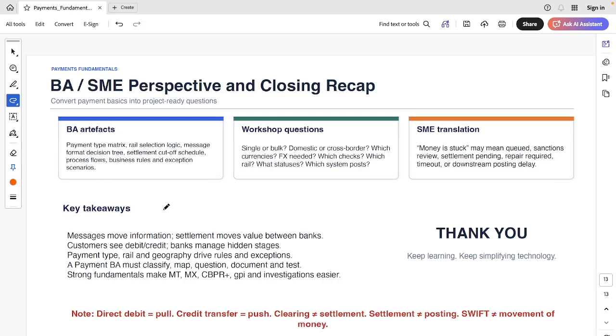Finally, let's close with the business analyst and SME perspective. This is where the payment fundamentals become project ready skills. As a payment BA, your job is not only to know definitions, your job is also to classify the payment, map the flow, ask the right questions, document the rules, identify exceptions, and help testing teams validate the journey.